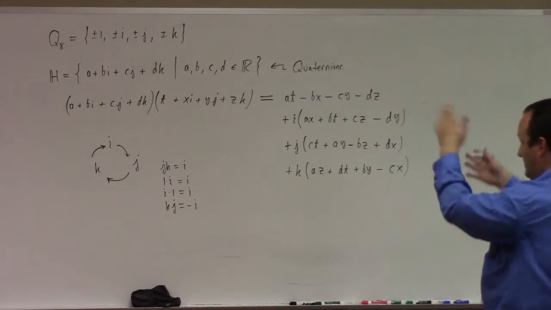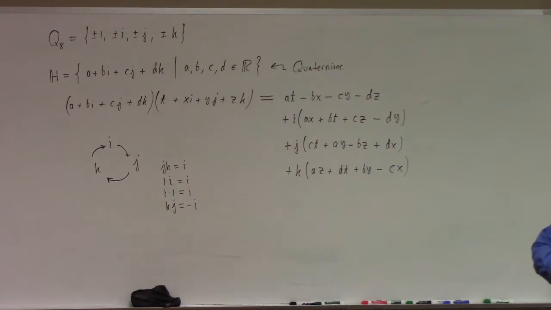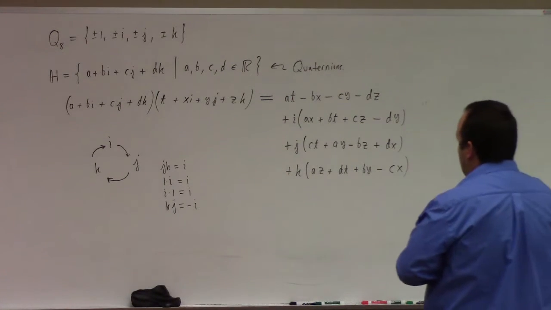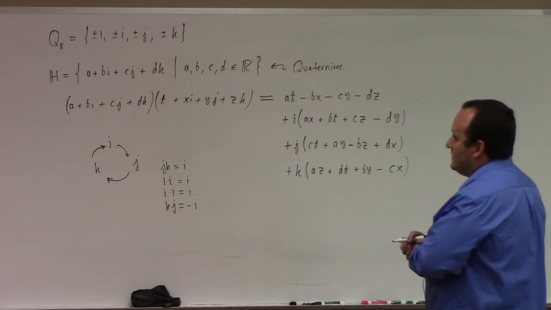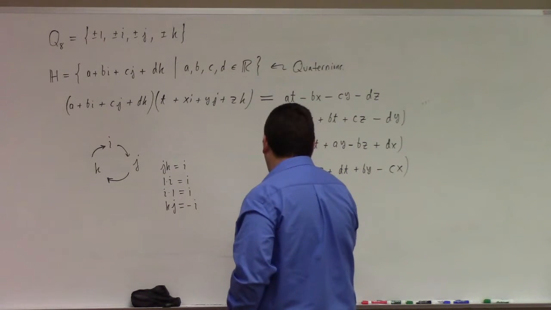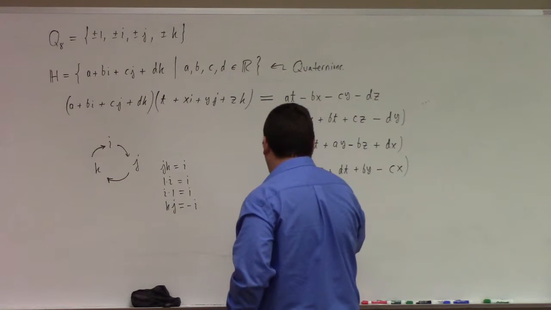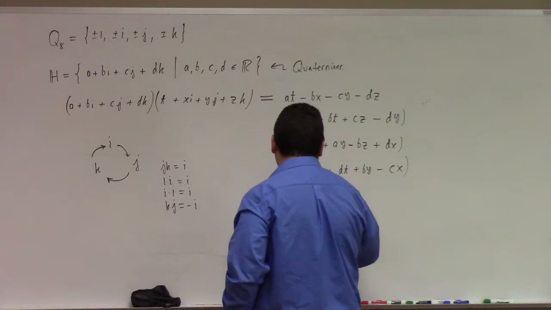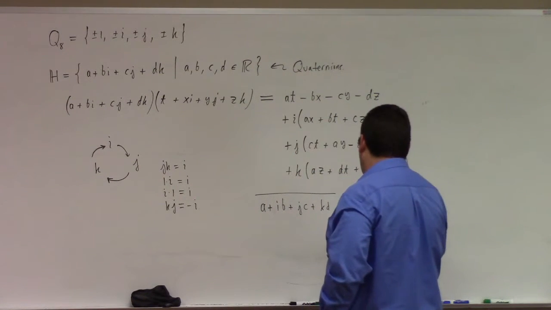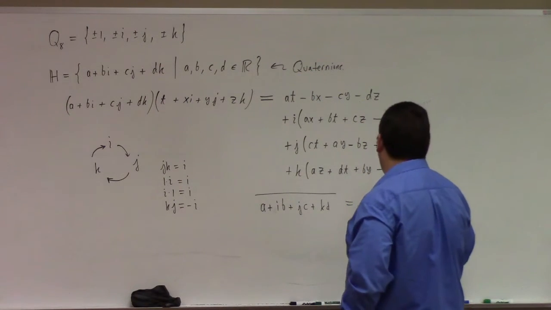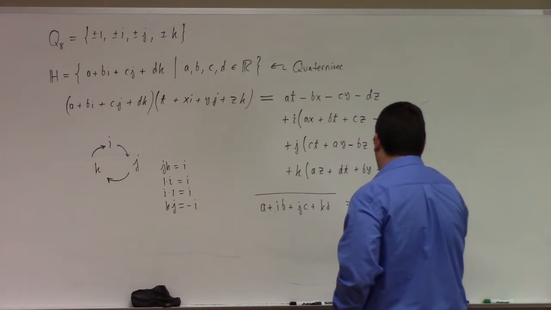That's the full quaternion product. It's a way of multiplying 4-vectors. This is a product on R4, and the cool thing about this product is that there's an inverse. So you can define a conjugate: for a plus bi plus cj plus dk, the conjugate is defined to be a minus bi minus cj minus dk.